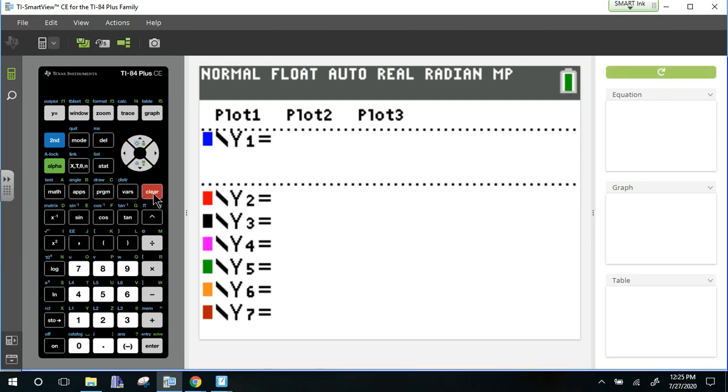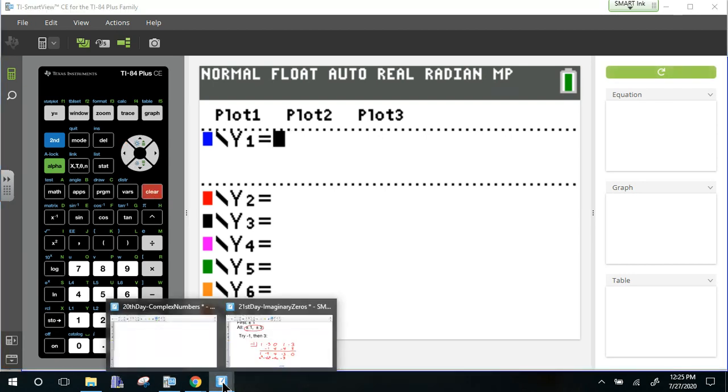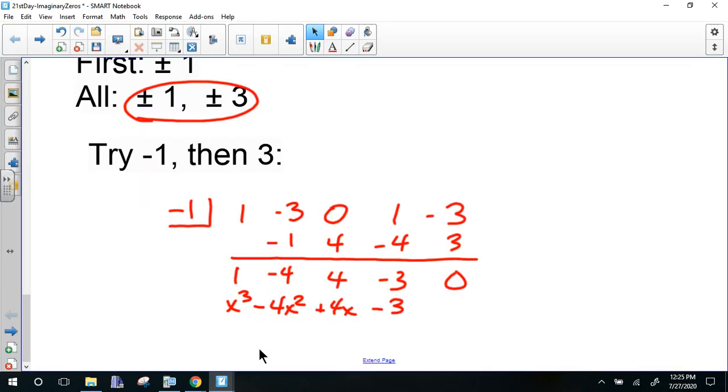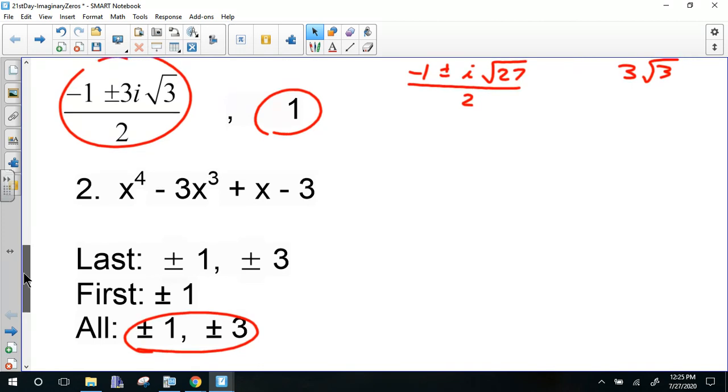Let me graph the original here. That's x to the 4th minus 3x cubed plus x minus 2. Minus 3 there.